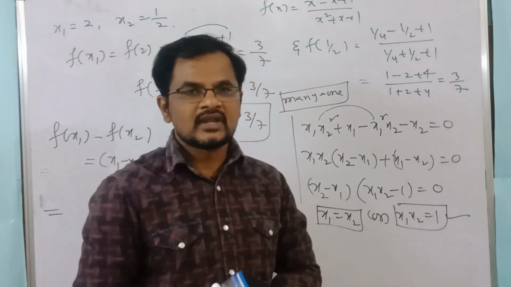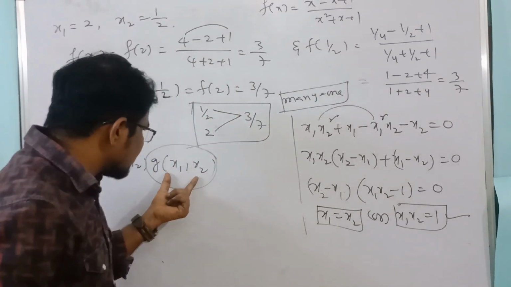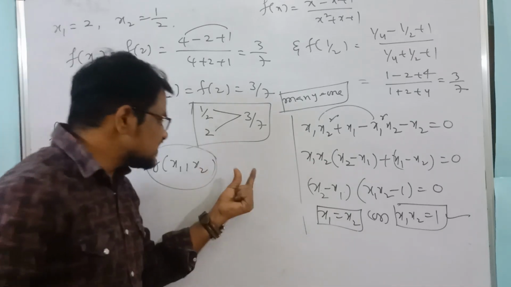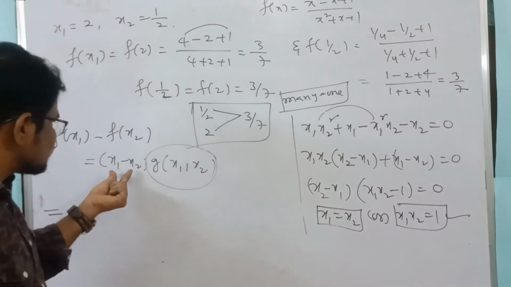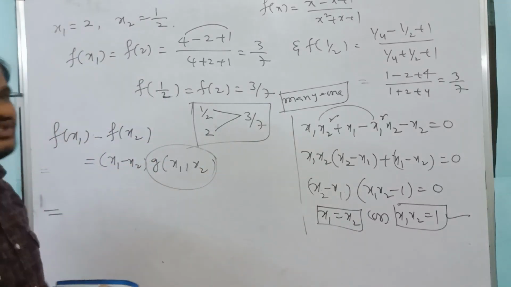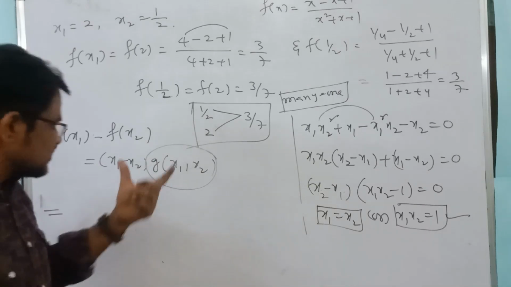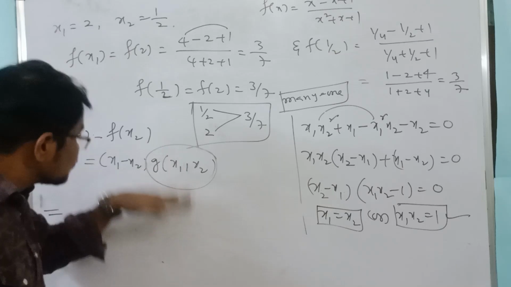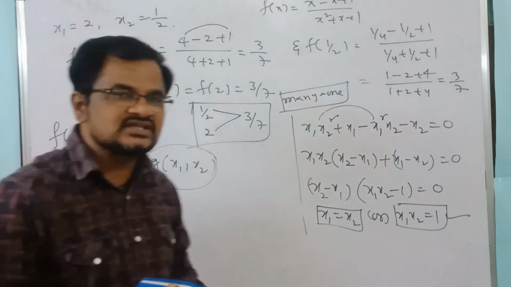So this g of x1 comma x2 equal to 0 gives a solution which does not belong to this solution, means other than this solution. So this gives a solution other than this one, and that solution belongs to the domain of the function.